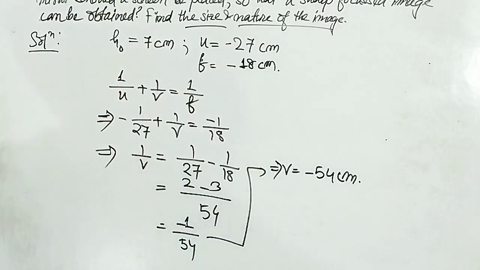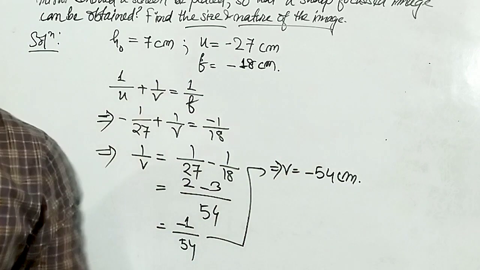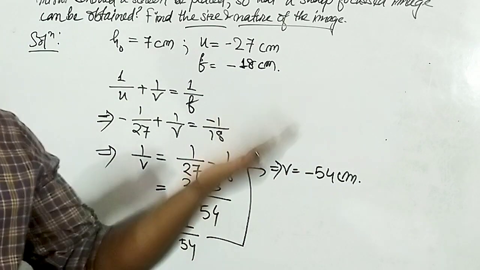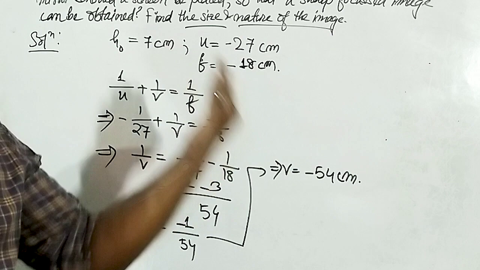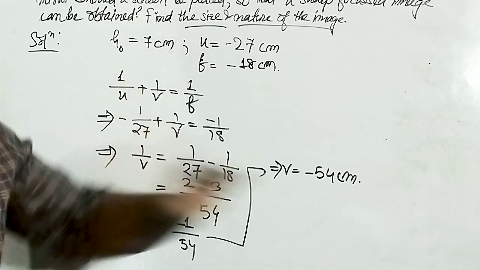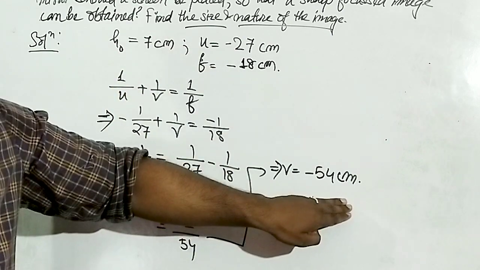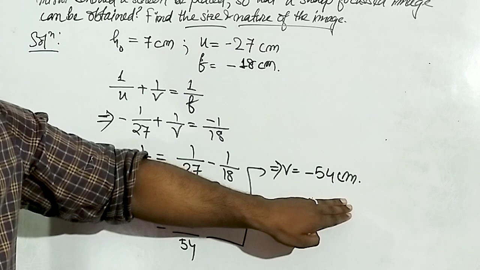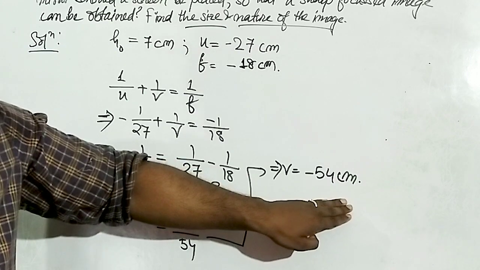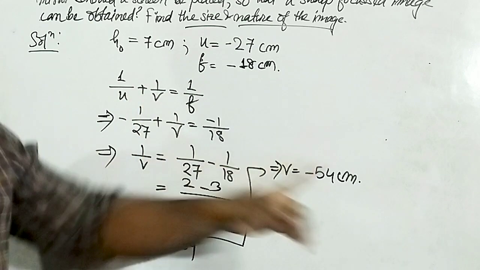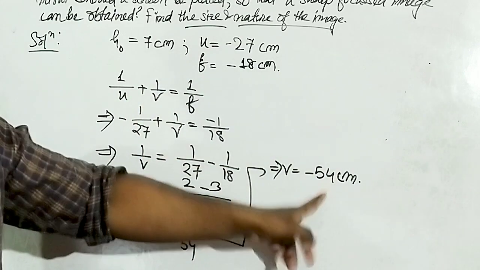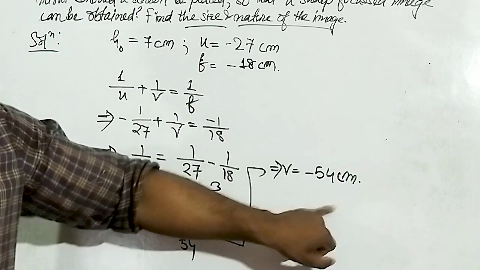Tell me instantly. We have got the minus sign for the image distance. So what will it be? It will be a real image, right? Since it is on the left side direction, right? If it is a real image, what will be the nature? Simple. Inverted. Because it's on the left side. If it was the positive sign, and concave mirror, it is going to be a virtual one.